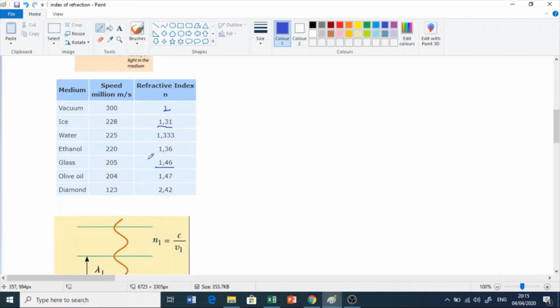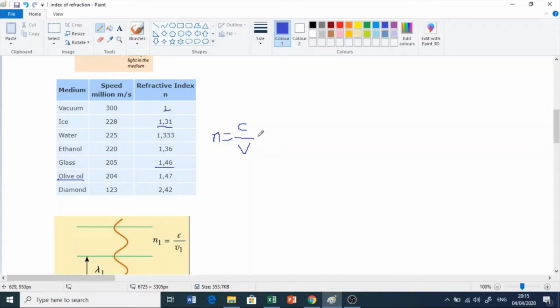How are these indices of refraction calculated? Our formula for the index of refraction is n equals c over v. Let's calculate the index of refraction of olive oil.